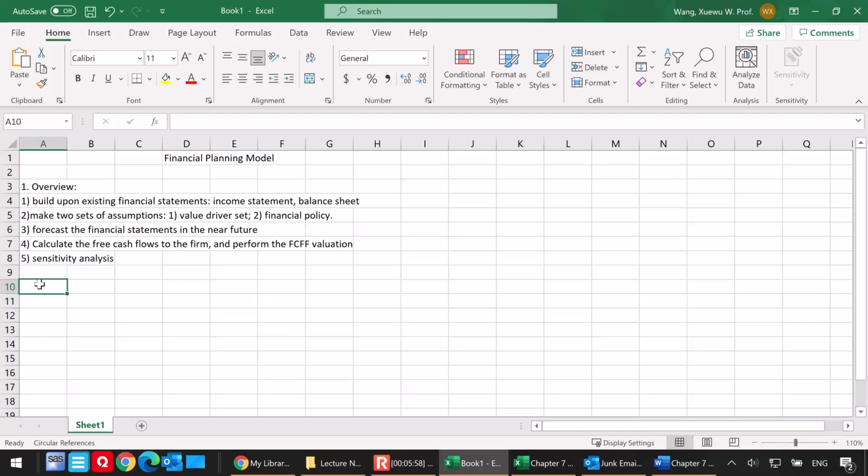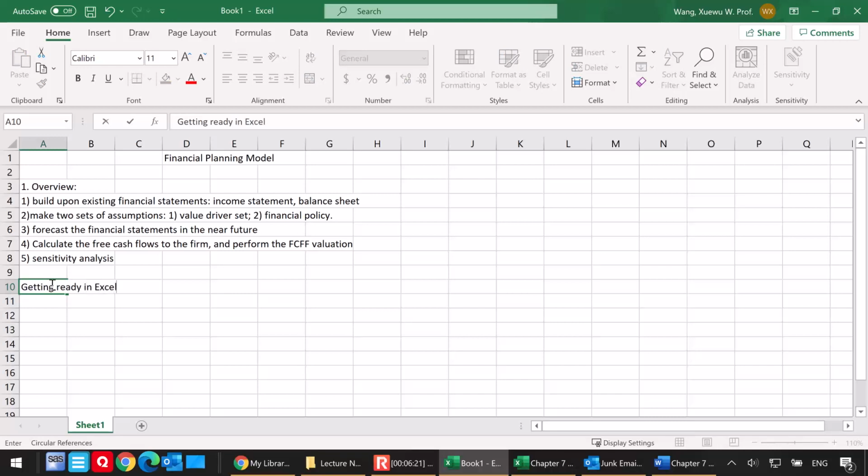That's one use. You can also use the financial statements to create a business plan. And more importantly, for our purpose, we're going to use this to value a firm. We're going to build and solve this model in Excel. So, getting ready in Excel.